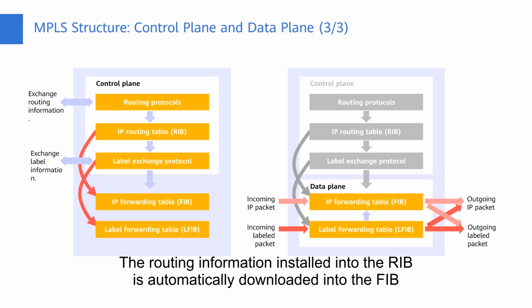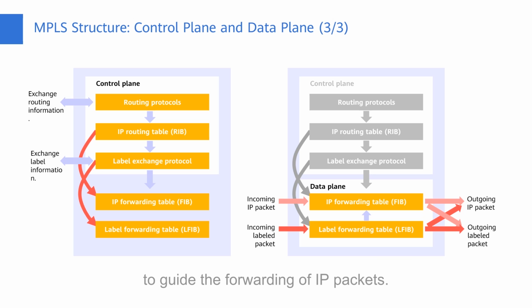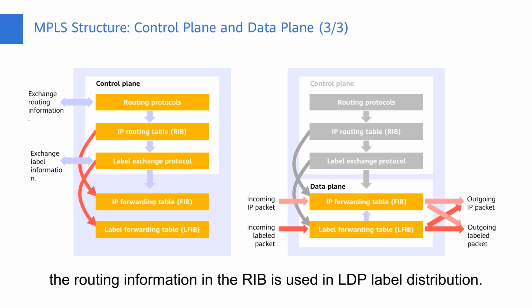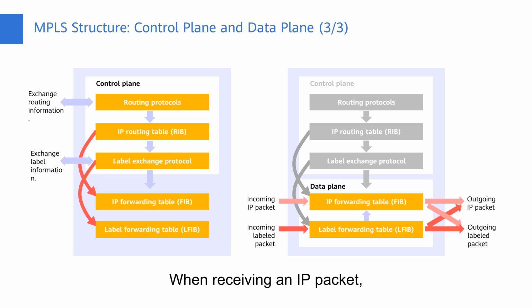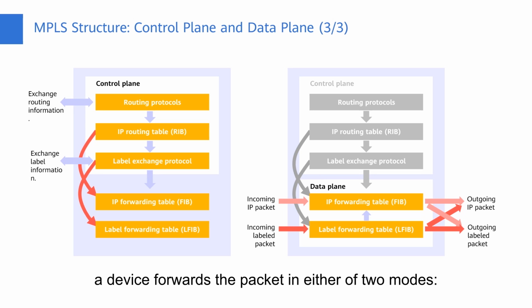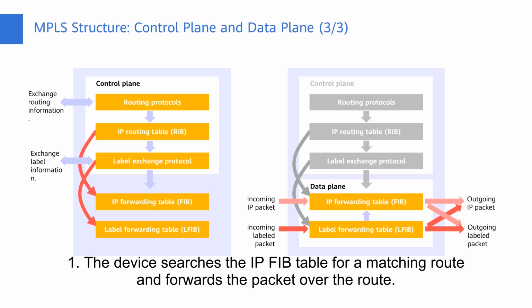The routing information installed into the RIB is automatically downloaded into the FIB to guide the forwarding of IP packets. In addition, the routing information in the RIB is used in LDP label distribution. When receiving an IP packet, a device forwards the packet in either of two modes. 1.